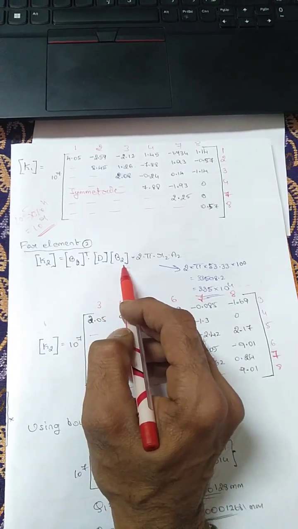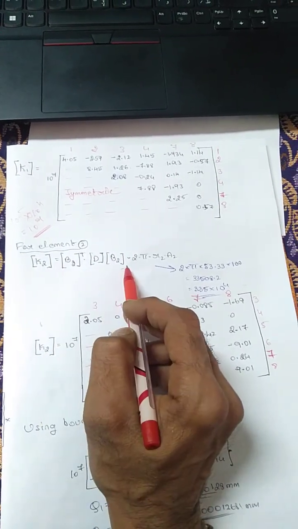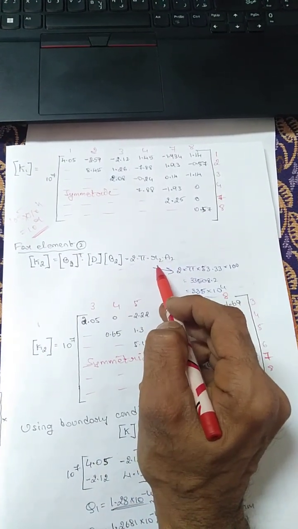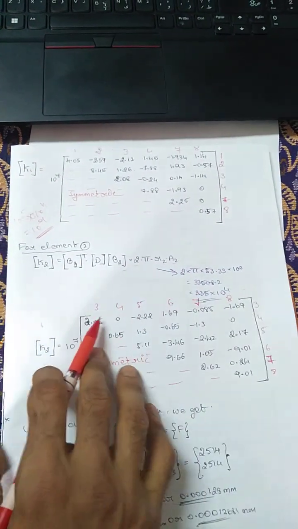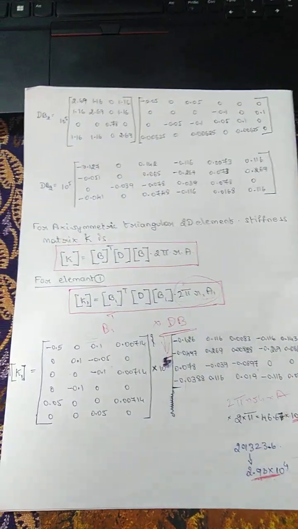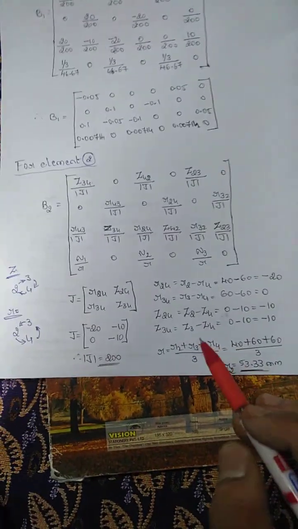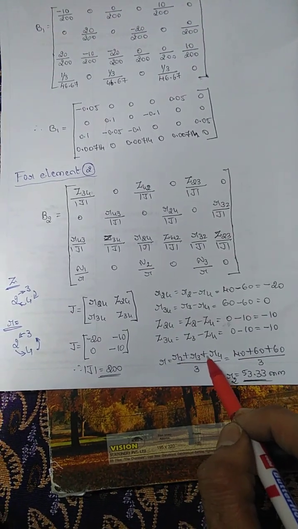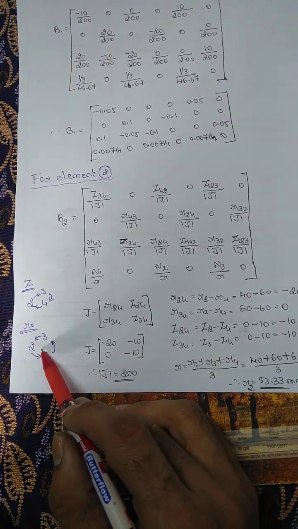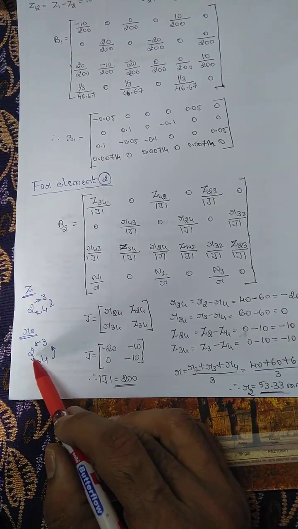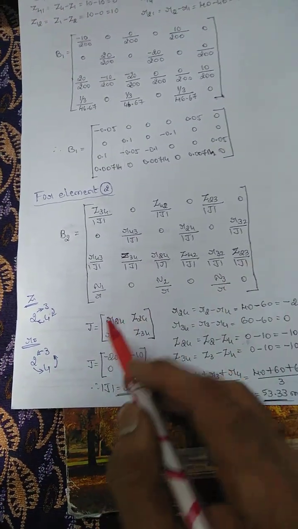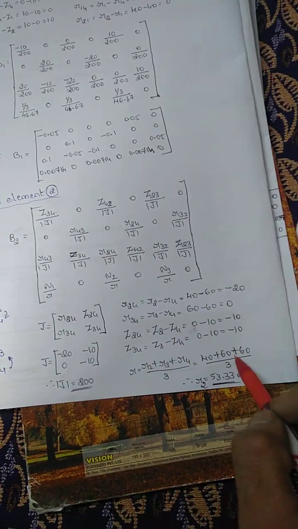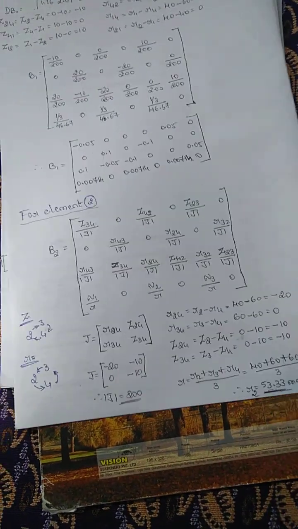Similarly for element 2 as well, here this is B matrix 2 for the second element, D into B matrix for second, this is transpose, and this is B matrix B2, and this is 2 pi r2. Here the r2 value changes, remember that, because see here, r2 r3 r4. Earlier it was r1 r2 r4 for B1, for B2 this is r2 r3 r4, so the radius also changes.